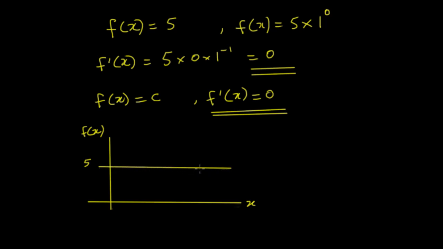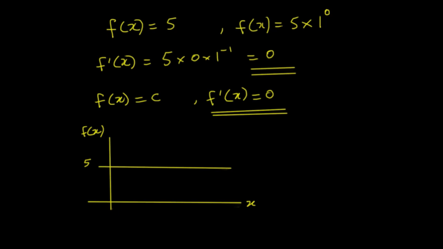Well, this line's got constant gradient, and the constant gradient is 0. So whenever we differentiate that 5, we just get the gradient, which is equal to 0. So it's obvious that f derivative of x is equal to 0. You wouldn't need to write all this out. So the next time you see a constant, you know that when you differentiate the constant, you get 0.